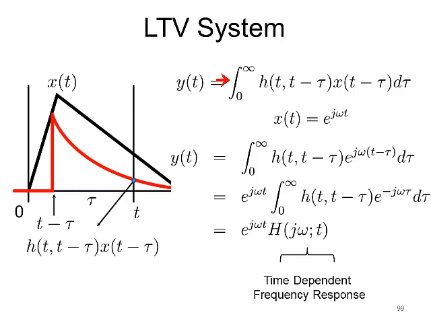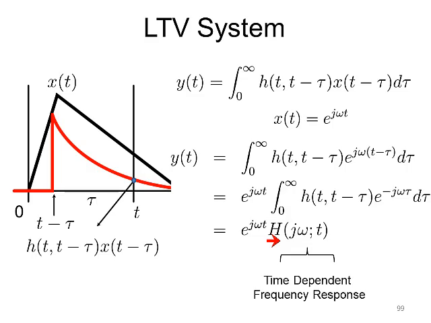Now, we'd be interested in what the output of such a system would be for a complex exponential input of the form e to the j omega t. I'll spare the mathematical details here, but it turns out that the output of a linear time-varying system to e to the j omega t is e to the j omega t multiplied by a frequency response.